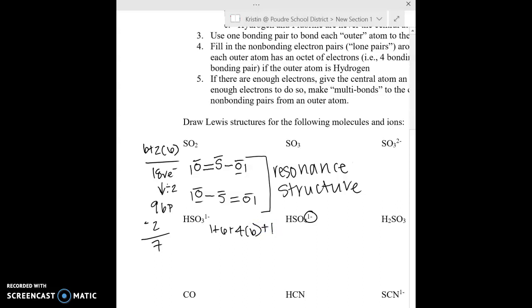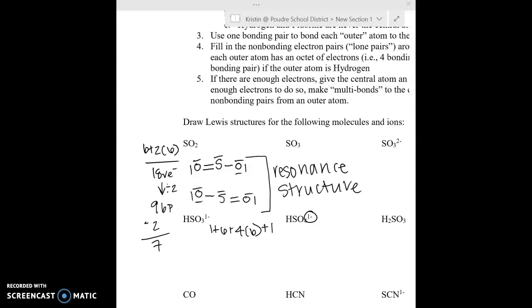You should never have an odd number of valence electrons in your count, because then when you divide by 2, you get like 1.5 bonding pairs, and that doesn't even make sense. So that's why some of these charges, these little extra electrons end up popping.